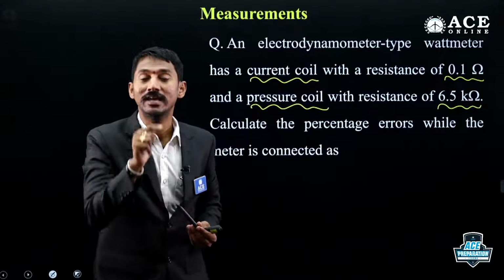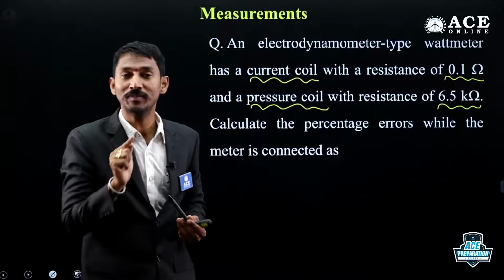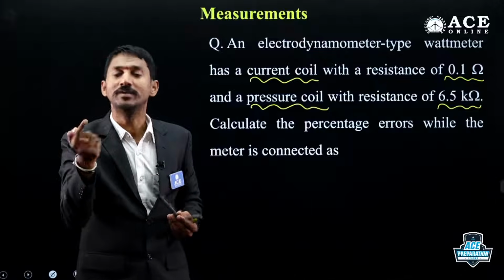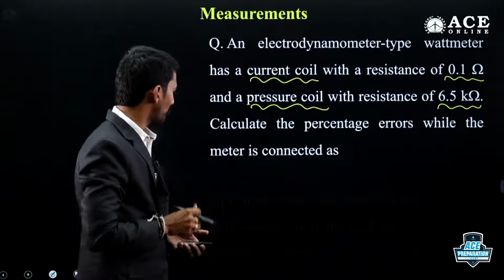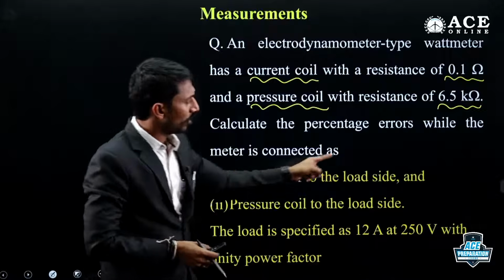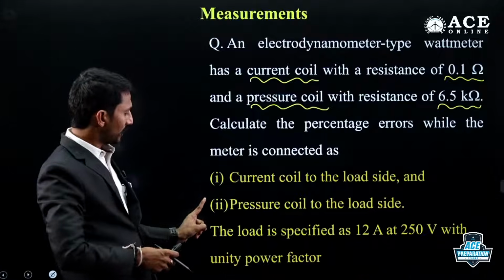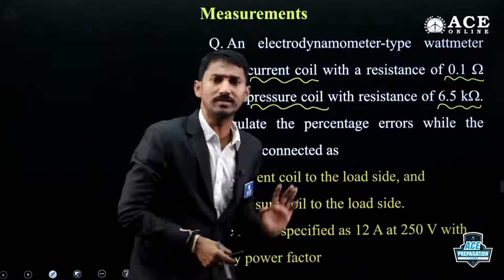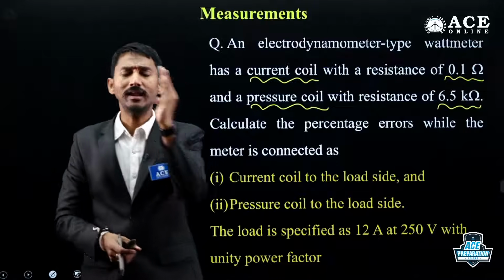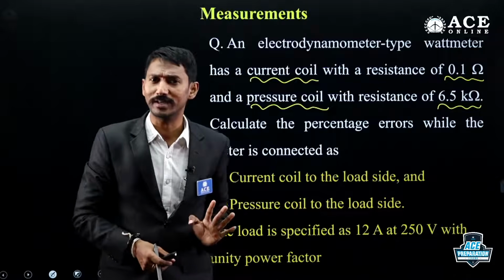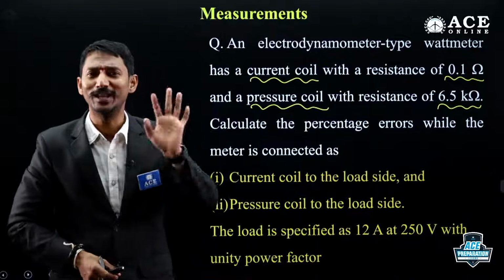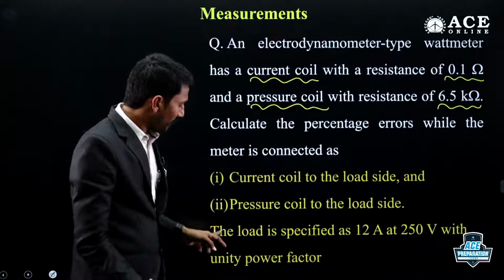That is generally called MC short connection, LC short connection. Yes, that only he has given. Check it. Here, current coil to the load side, and second one is pressure coil to the load side. So one time current coil, one time pressure coil to the load side. Means MC short as well as LC short. Both he has covered.